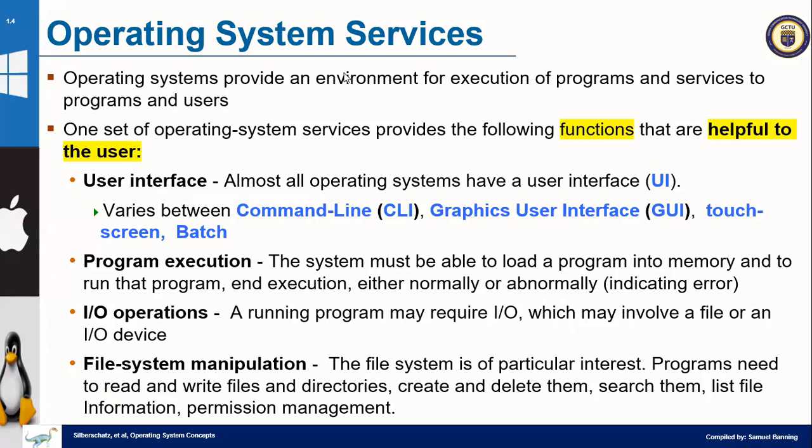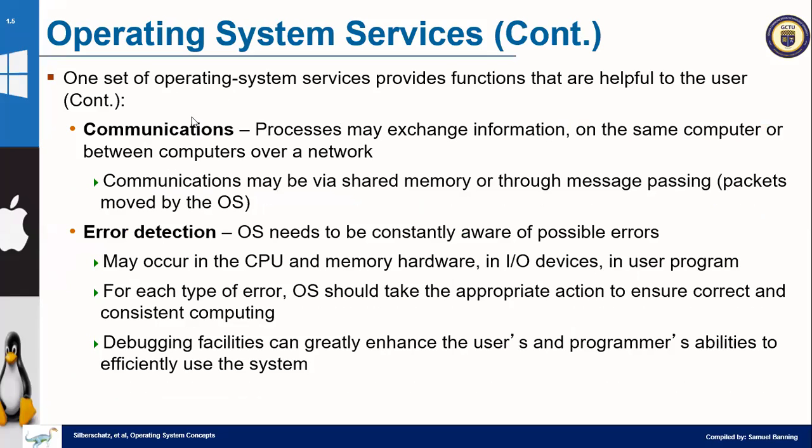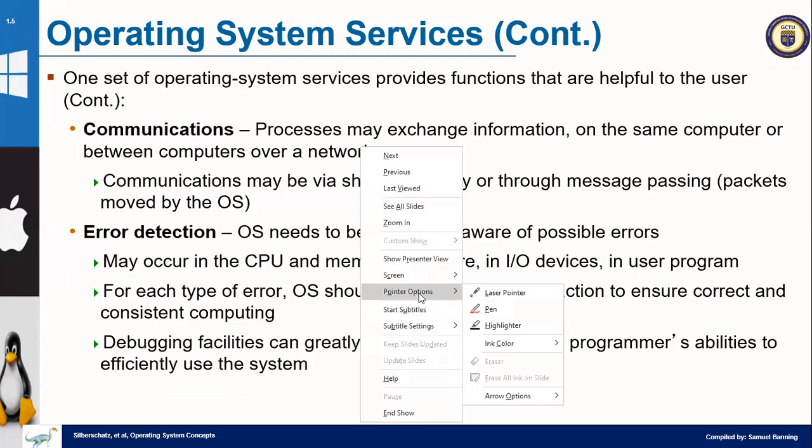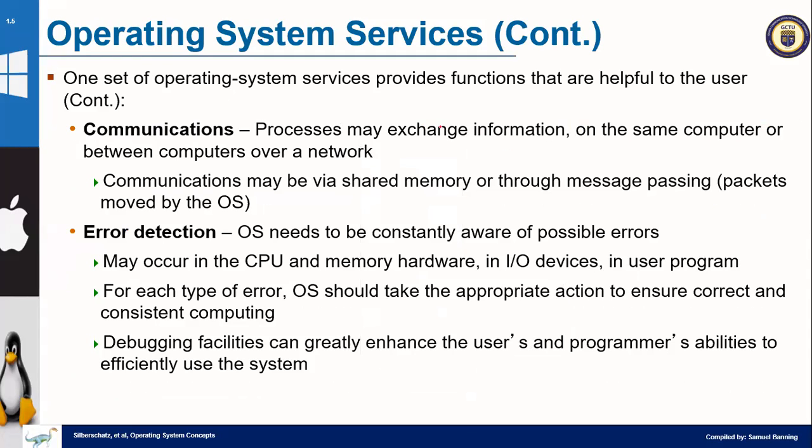Also, we have the operating system providing the means for communication. Here we are talking about processes. If the processes in the computer system must communicate, you have process A, process B. If they have to communicate by way of exchanging information, it is the operating system that provides the enabling environment for these processes to execute.